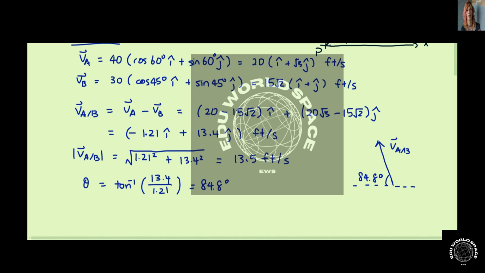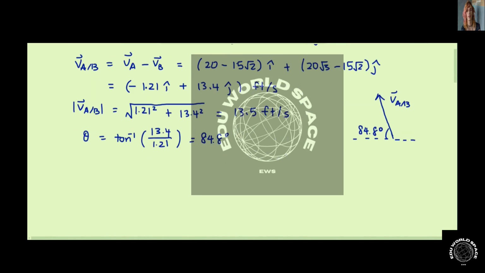The next thing is to find the time taken. I'm going to let the time taken for A and B to be 1500 feet apart be t.